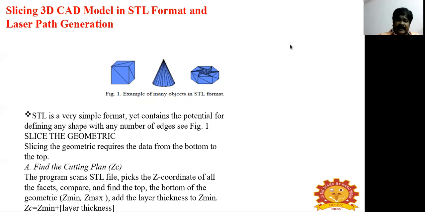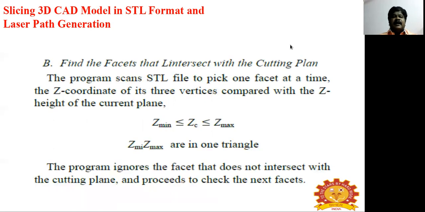It will compare and find the top and the bottom of the geometry, Z min and Z max, and the layer thickness. The cutting plane ZC is equal to Z min plus layer thickness. Next we find the facets that intersect with the cutting plane.